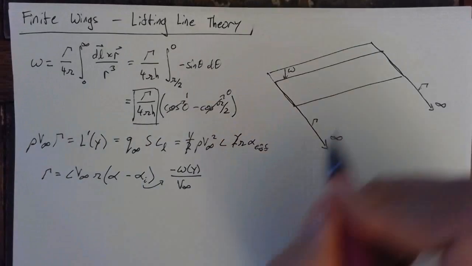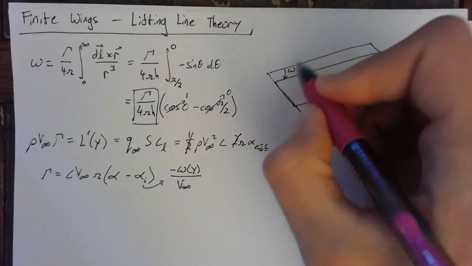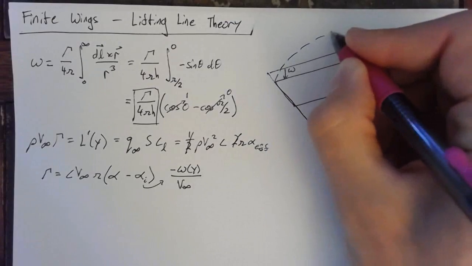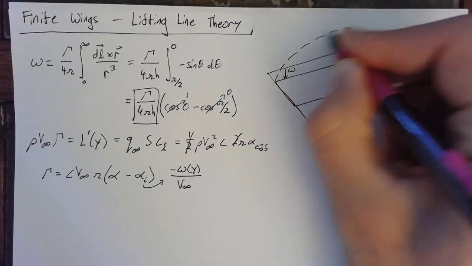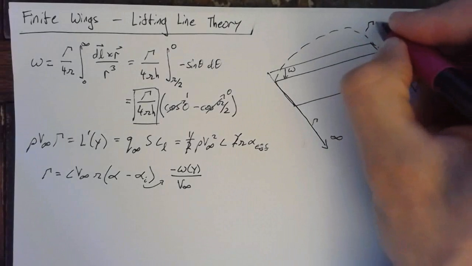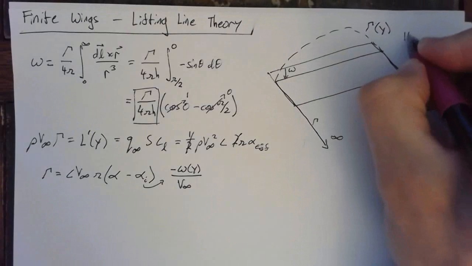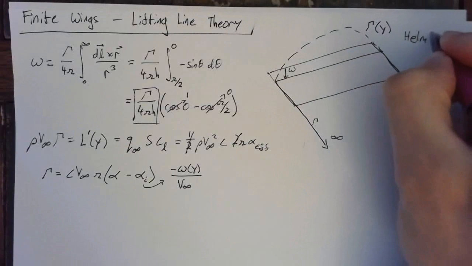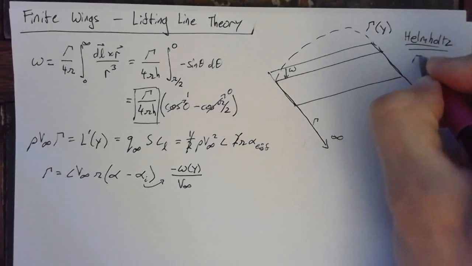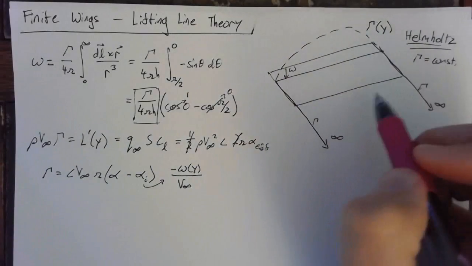And the way that we're going to change it is by saying that this gamma, this vortex filament, is going to change strengths. And what do I mean by that? We're going to have a vortex distribution, a lift distribution over our airfoil. And we're going to say that gamma is going to be a function of y. But, you say to me, what about Helmholtz? Well, Helmholtz says that gamma is a constant.